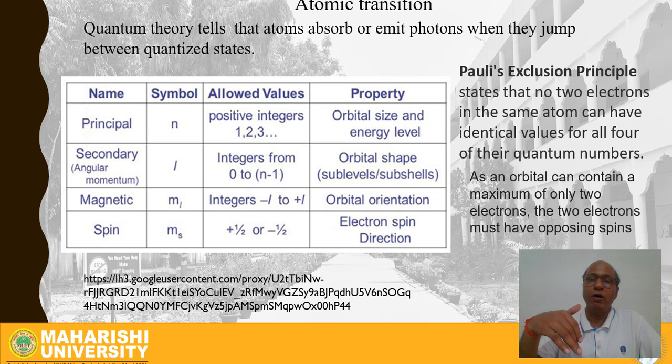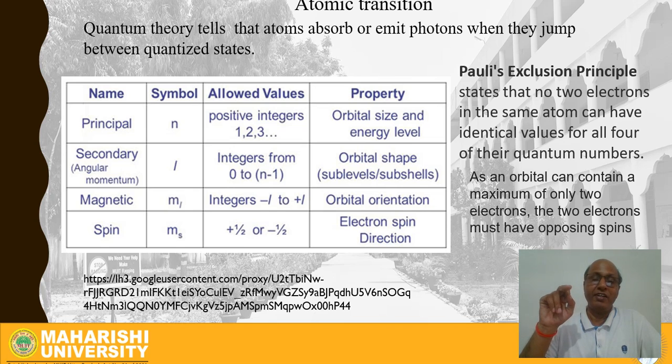And already we know about certain rules like the Pauli exclusion principle, which states that no two electrons in the same atom can have identical values for all four of their quantum numbers.